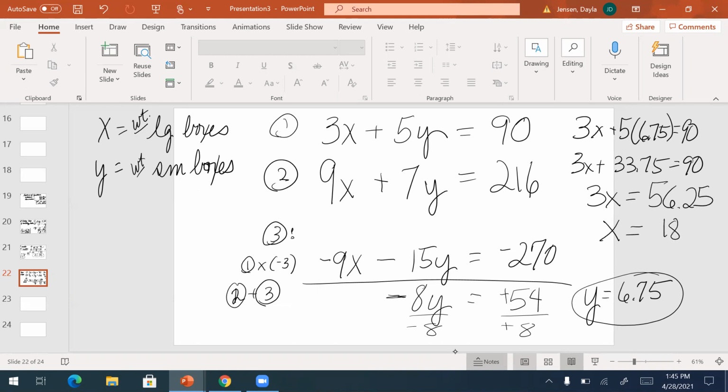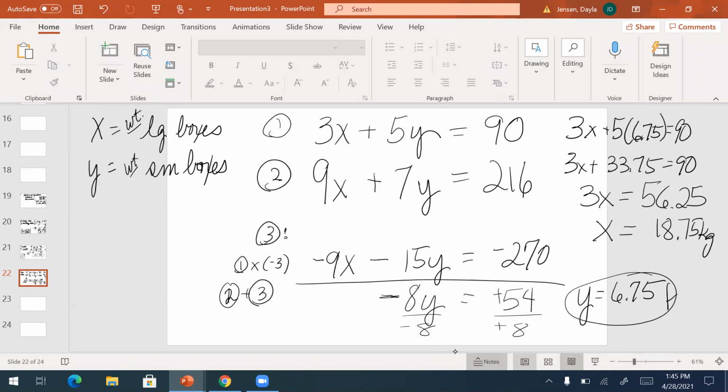X must be 18.75 kilograms, and this is kilograms. So the large boxes weigh 18.75, small boxes 6.75.